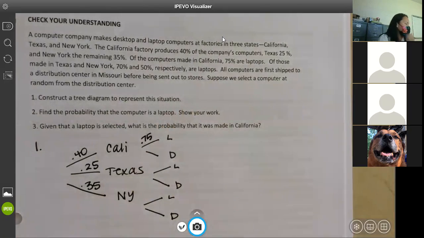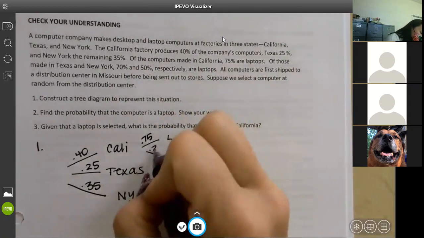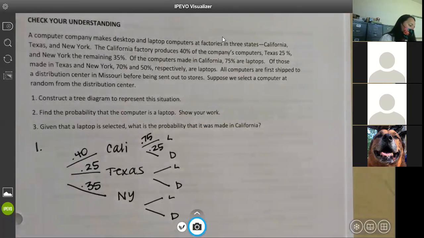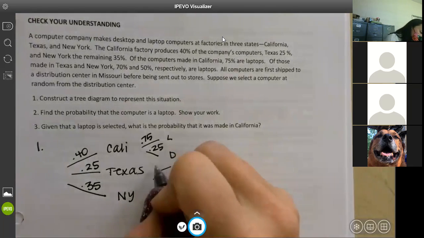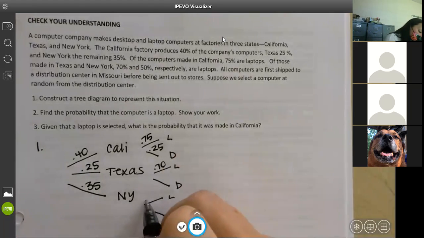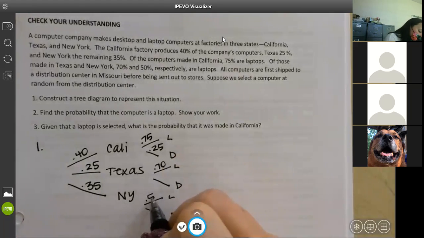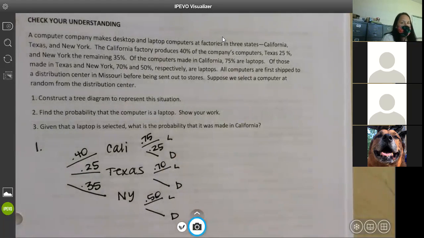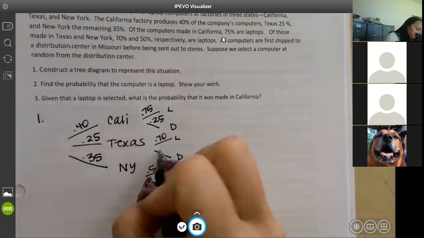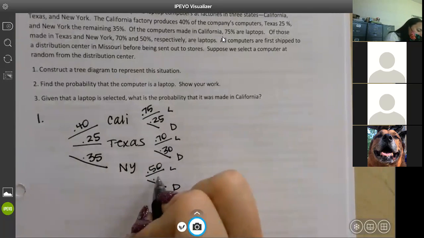That means how many are desktops? 25. Of those made in Texas and New York, so start with Texas, 70 and 50% respectively. So Texas had how many laptops? 70. And New York had 50. So in Texas, how many desktops? And in New York? 50.